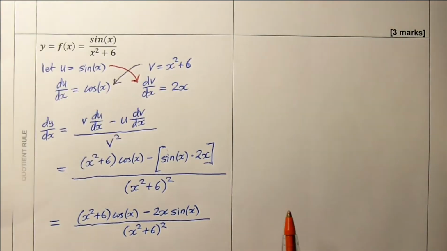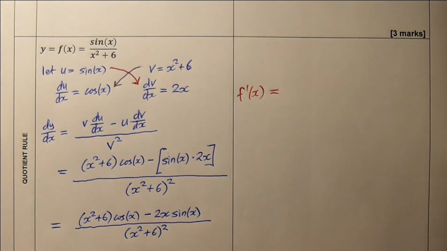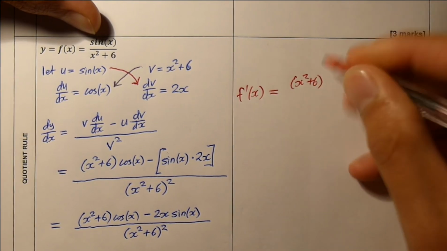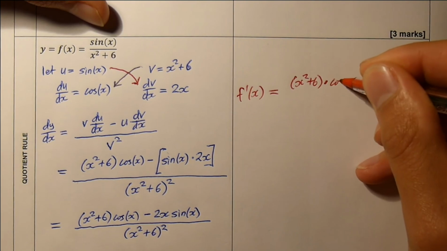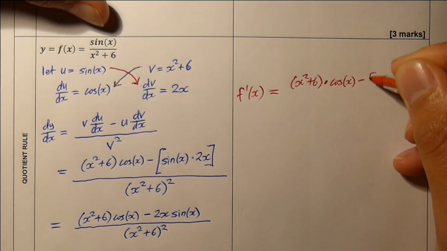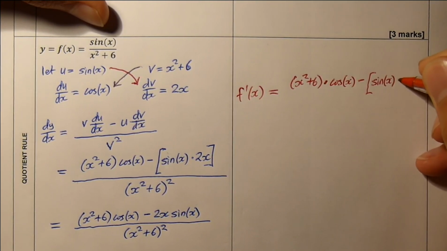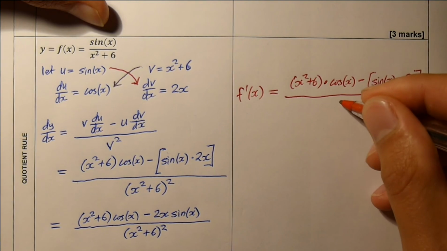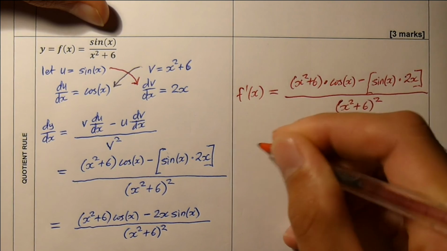Okay, so applying this, f dash of x is equal to bottom, x squared plus 6, times the derivative of the top, derivative of sine is cos, minus top, which is sine, times the derivative of the bottom, which is 2x, all over the bottom squared, x squared plus 6 all squared.